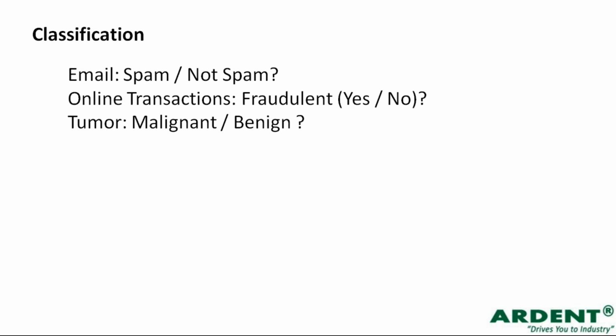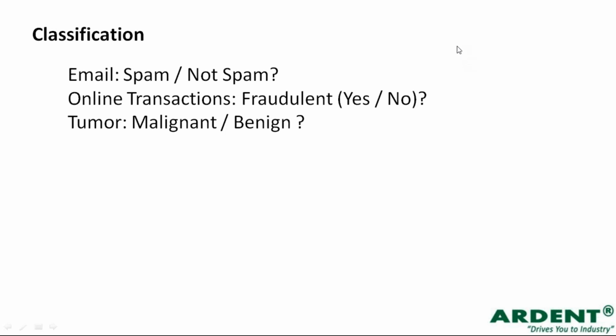If the output is discrete, in the form of yes and no, 0 and 1 only, then logistic regression is used. 0, 1, yes, no, spam, not spam. If the decision is between two, then logistic regression is used.